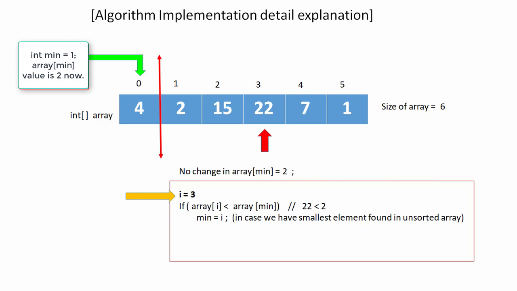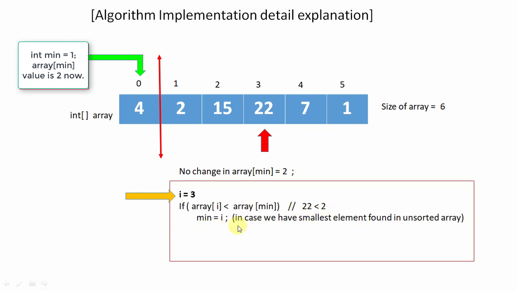Now we will compare with this 22. Okay, and the previous condition has not changed the index of min. So right now we have array[min] equal to 2. So the comparison will happen between 2 and 22. So 22 is less than 2, which is false.